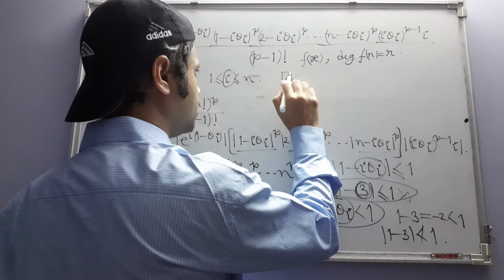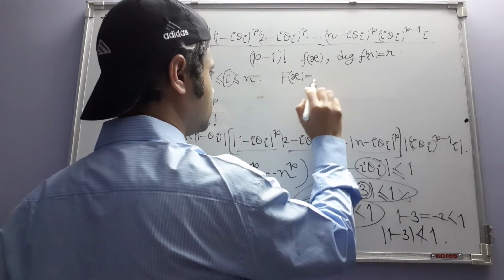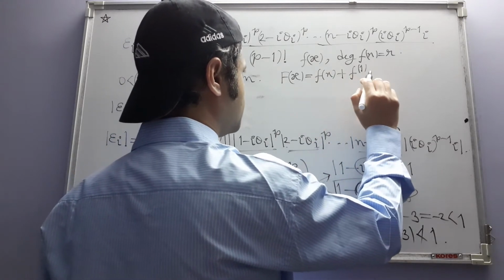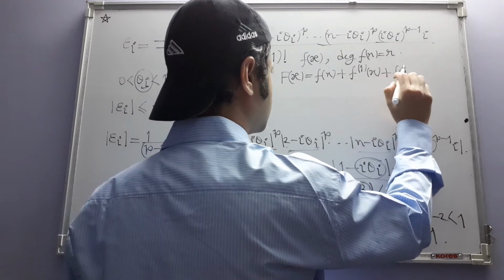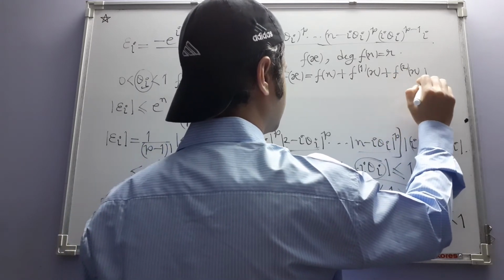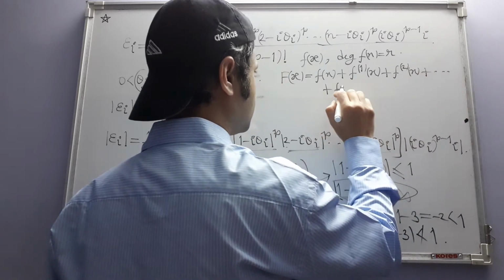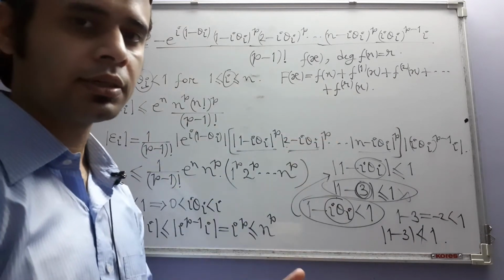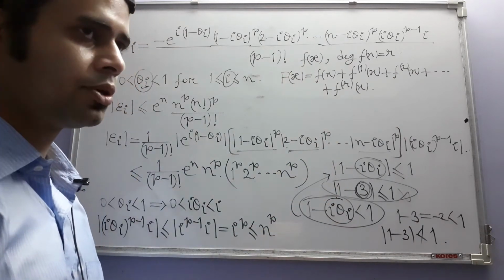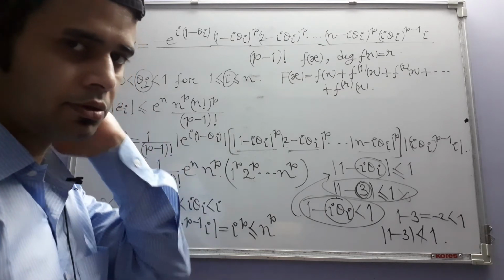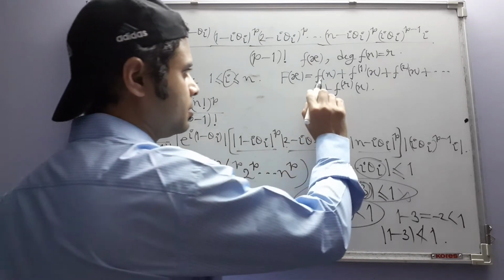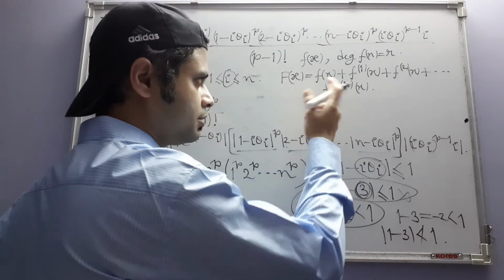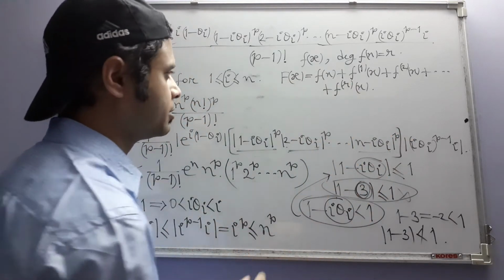And then we considered this function F, f plus the first derivative of f plus the second derivative of f, like this, plus the nth derivative. These derivatives exist because f is a polynomial function, and polynomial functions are infinitely differentiable. We know these things from calculus, and the derivatives themselves are polynomials. So this capital F of x itself is a polynomial function, so it is also differentiable.